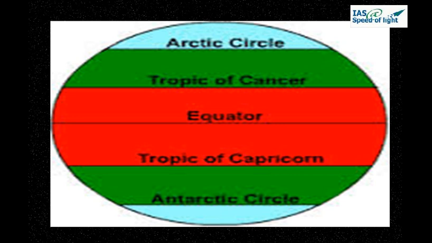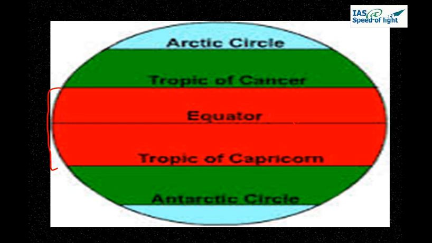So these are the important parallels of the earth. We saw their purpose: the equator dividing the northern and southern hemisphere. Then we saw the Tropic of Cancer and Tropic of Capricorn, which are 23.5 degree north and south, which are the full extent for the direct rays of the sun.